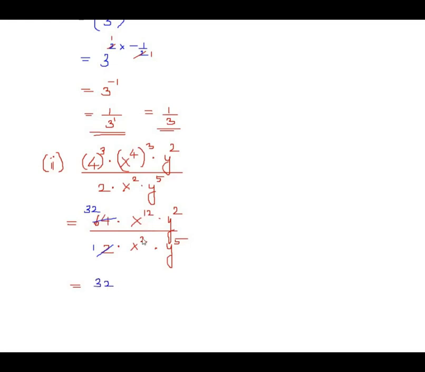And since there is a division, we use the laws of indices and the powers get subtracted. Same goes with y, 2 minus 5.